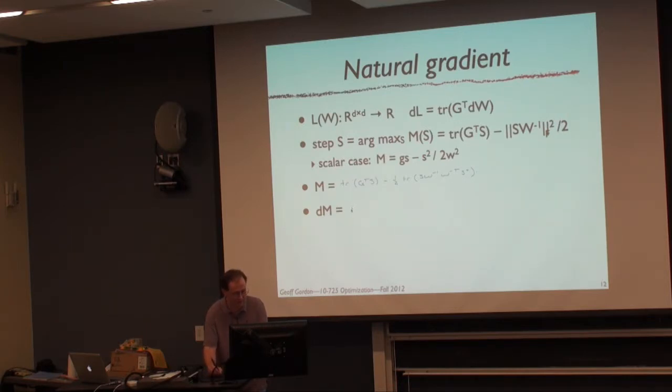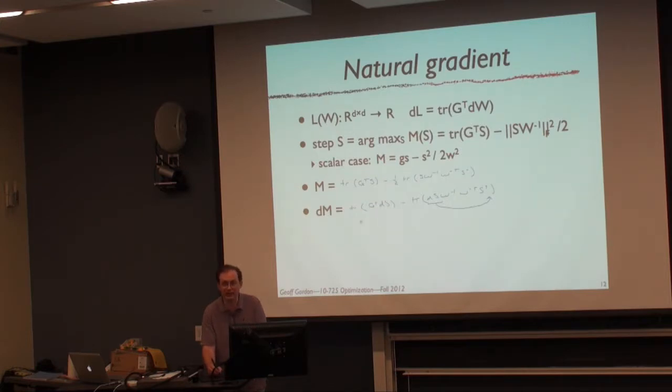It's going to be trace of G transpose dS minus the trace of, and now there are two different copies of S, so the product rule means we'll get this term twice. Once will be transposed, but since we're taking the trace, it doesn't matter. And so we'll get 2 times the trace of dS W inverse transpose S transpose. Now I can use trace rotation to move dS over here, and then I get the coefficient of dS.